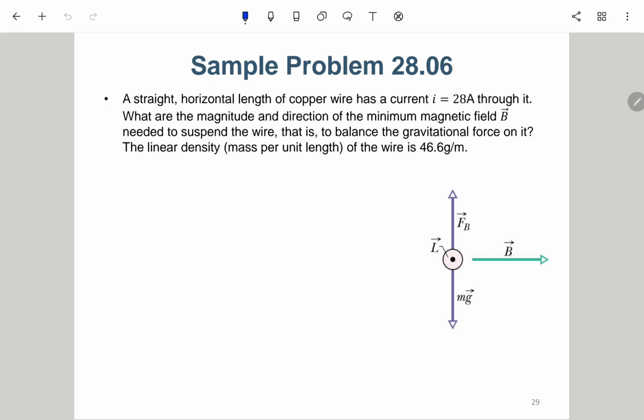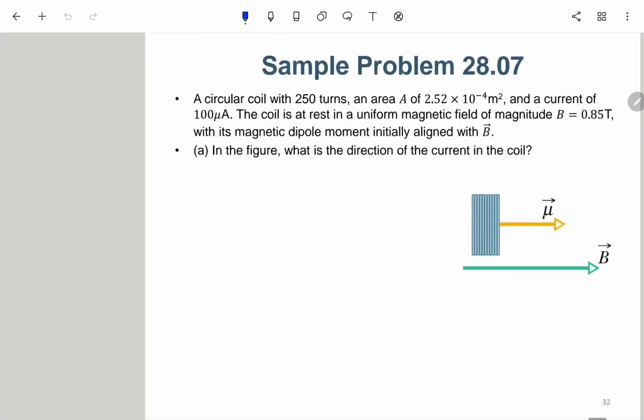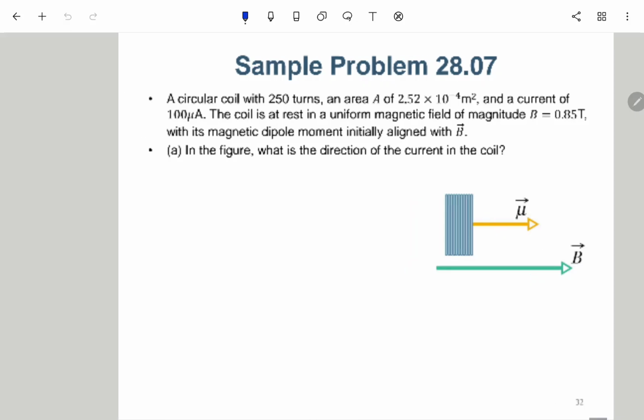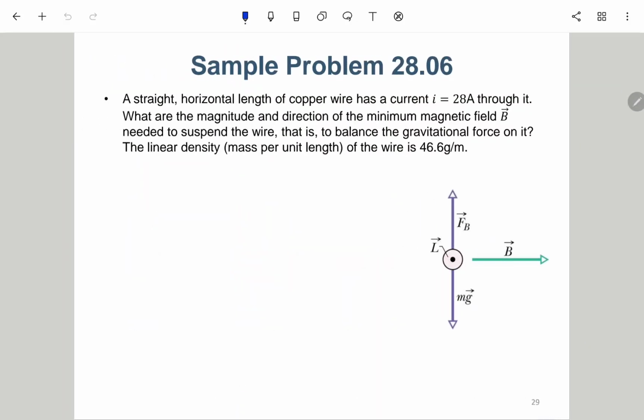Okay, so here we have a sample problem. This one is easy, so let me finish it. A straight horizontal length of copper wire has a current I through it.